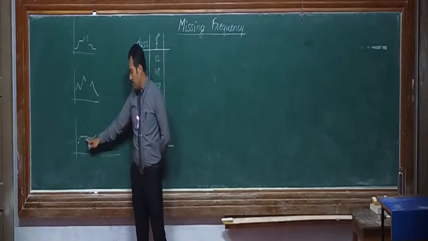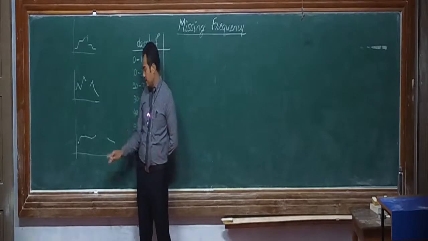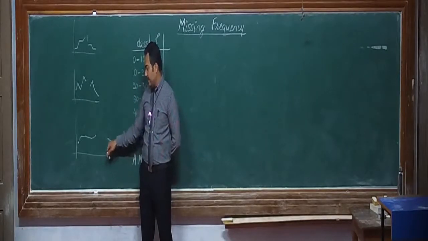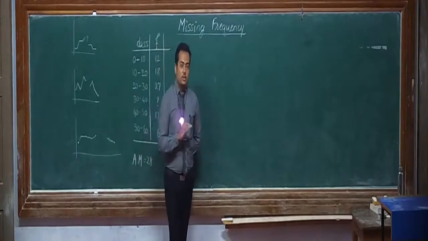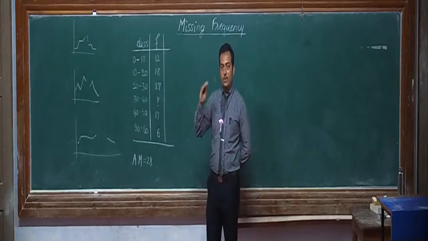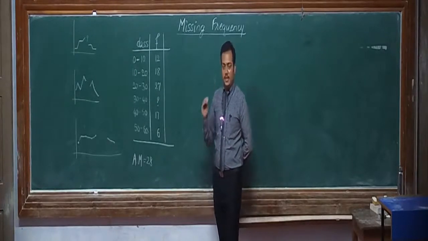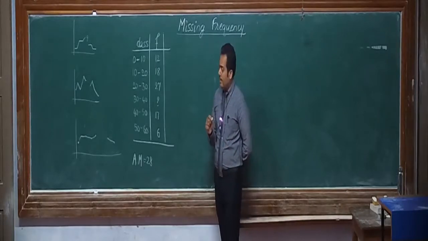We have almost steady, some fluctuations which can be an increase or decrease, and again at the tail it is decreasing gradually. So this is how the frequency patterns are. Considering those patterns, we may predict or guess the missing frequency value.